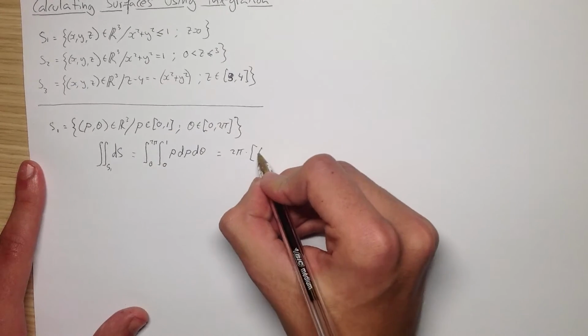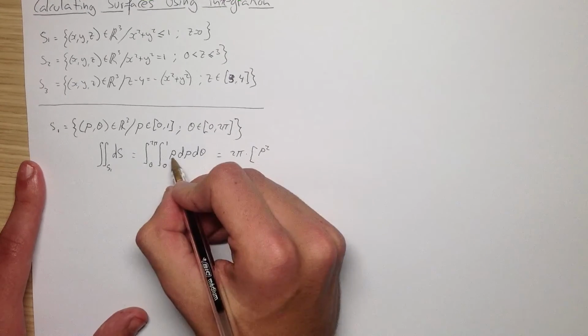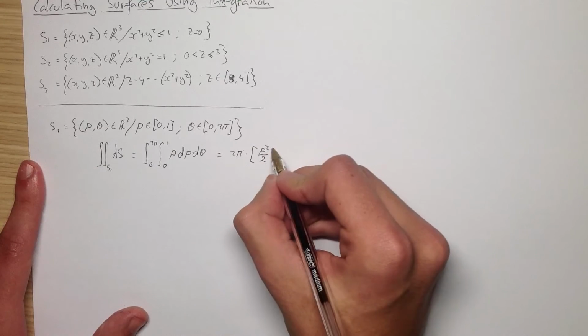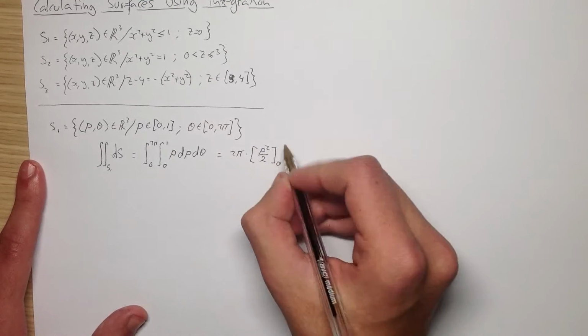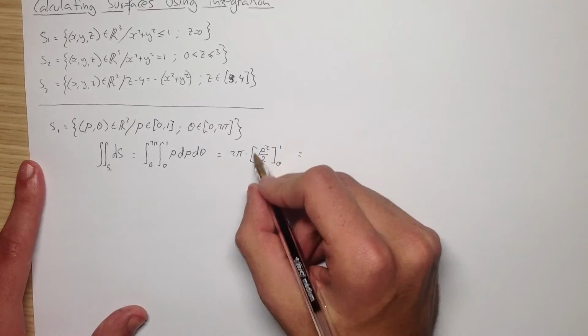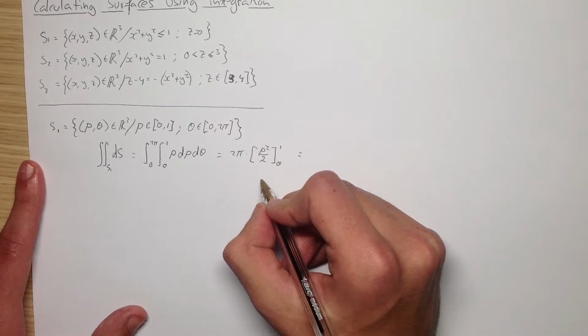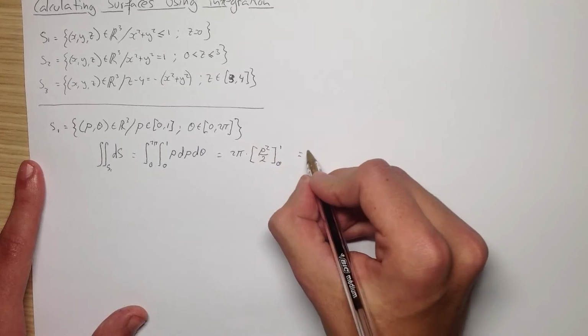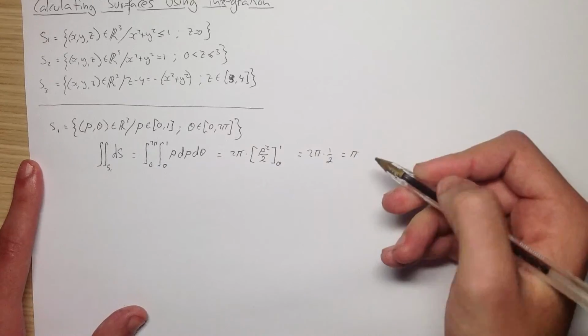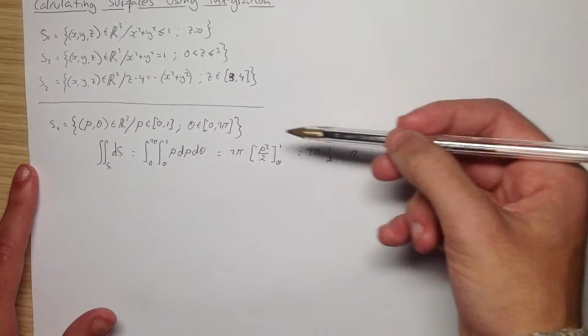This will be rho squared, so a power up, divided by the new power over 2, from 0 to 1. If we substitute in 1 and 0, we'll get 1/2. So this means that it's 2 pi times 1/2, which equals pi. So this is the surface area of our first domain.